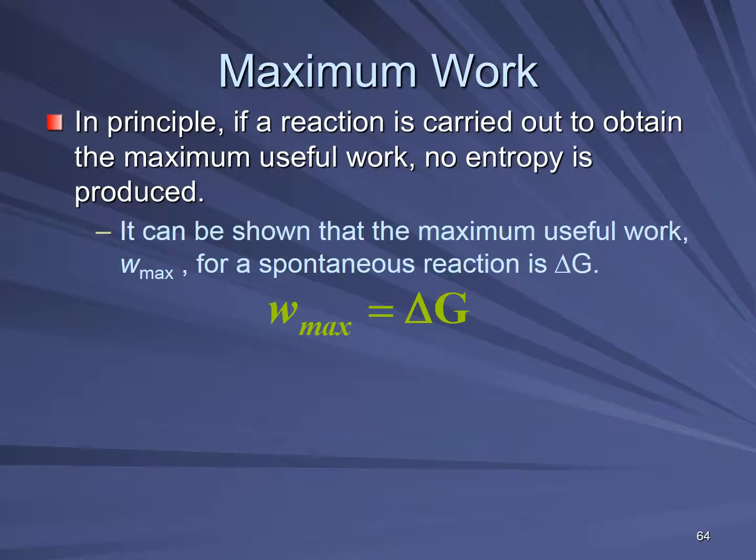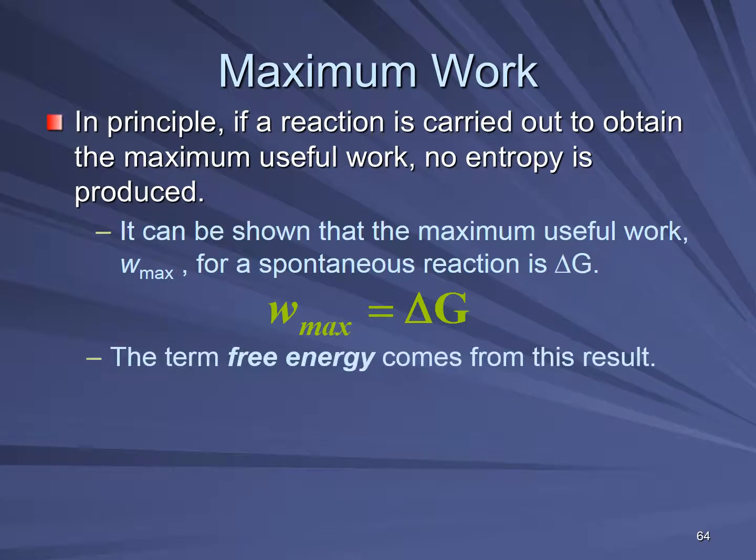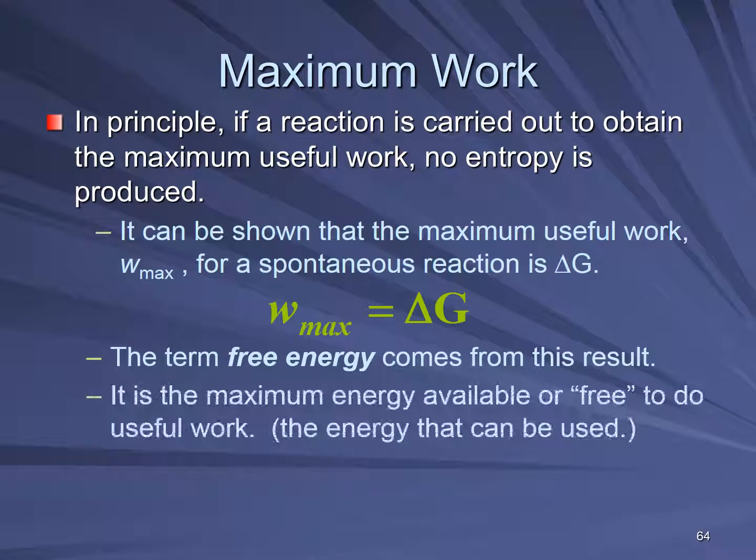But why is it called free energy? Well, it turns out that if a reaction is carried out to obtain the maximum amount of useful work, then no entropy is produced, and so W max is equal to delta G. The term free energy means it's the maximum amount of energy available, or free, to do useful work.